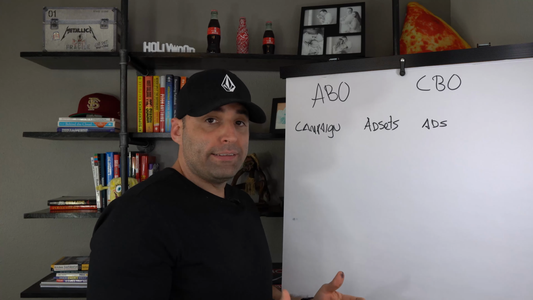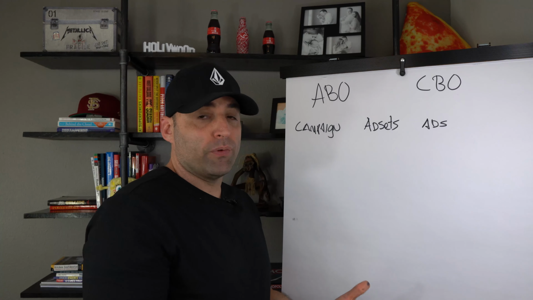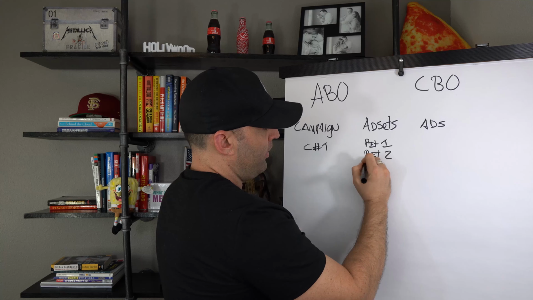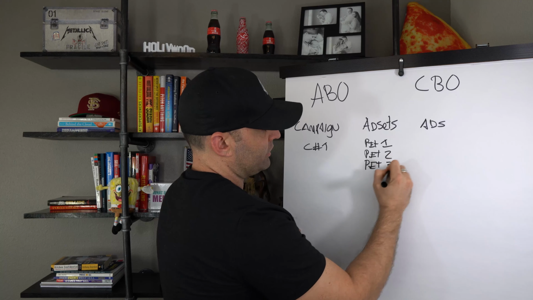So the way that we used to do it before CBO or Campaign Budget Optimization is that we would create a campaign here. So campaign number 1, okay, and let's say this campaign was about a pet product. Okay, so inside of the ad sets, we will choose our interests. So pet interest 1, pet interest 2, pet interest 3, and so on.